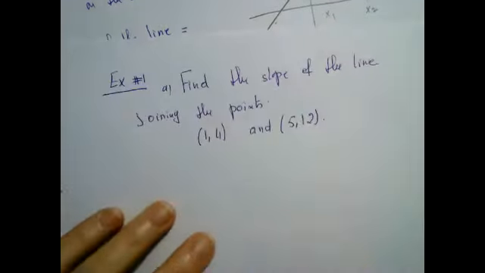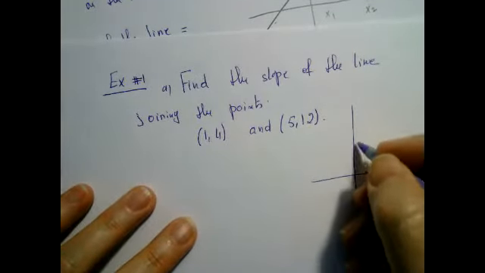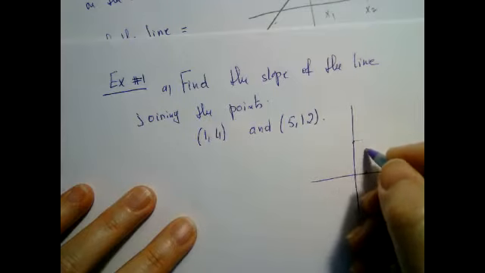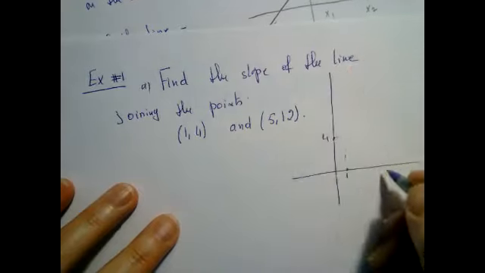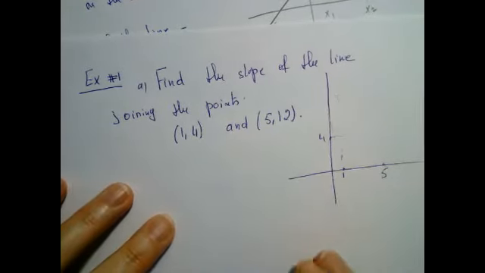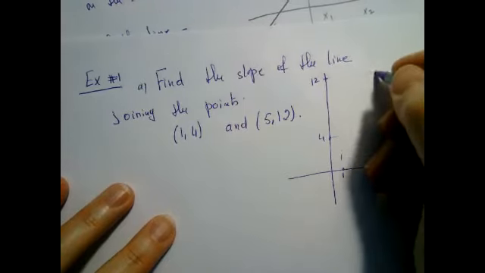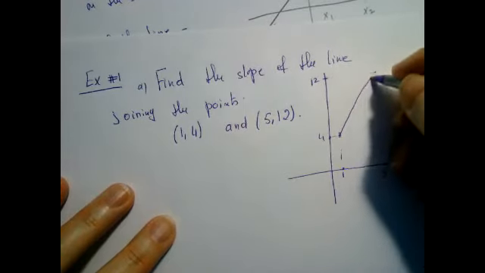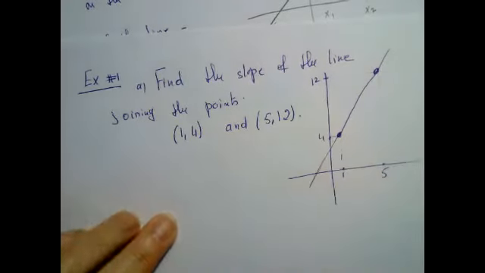So it means I have a line, and this is a point on the line, 1, 4, and another point, 5, 12, and 12 is right here. This is the line, these are the 2 points, and we need just the slope.